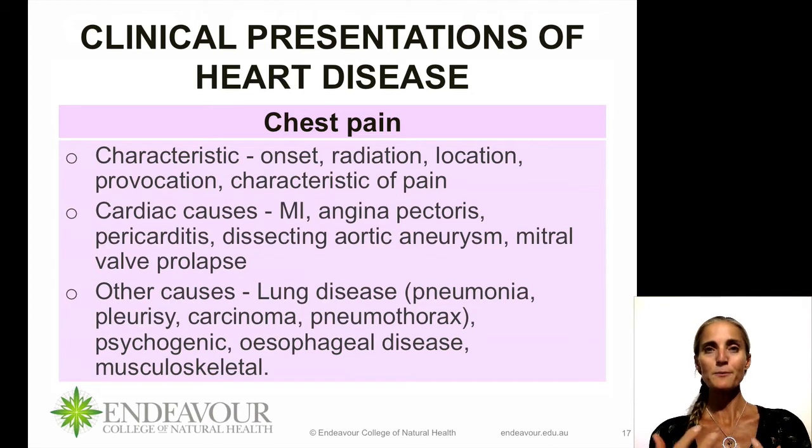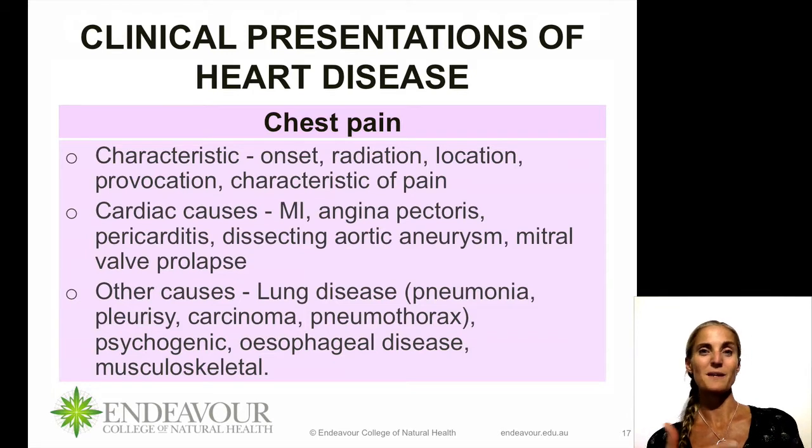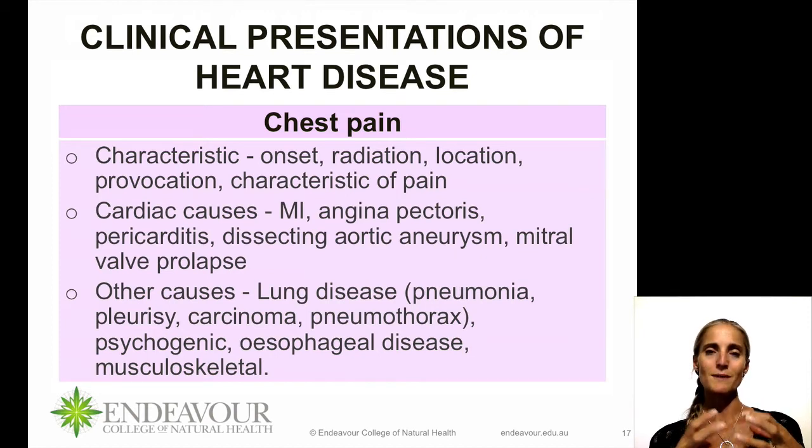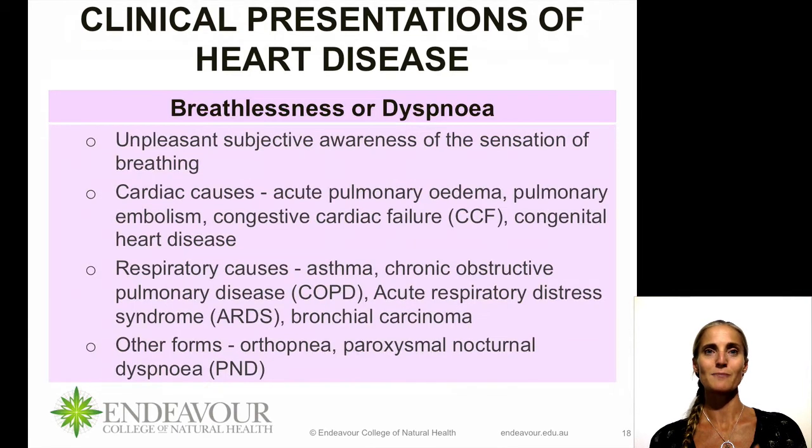Often people who have a very strong family history of cardiovascular disease may be really fearful of having a myocardial infarction, and so they may suspect chest pain as a cardiovascular symptom, even when it may not be the case. Esophageal disease we've mentioned, musculoskeletal. So muscle spasm and intercostal muscle spasm can also be causes of chest pain.